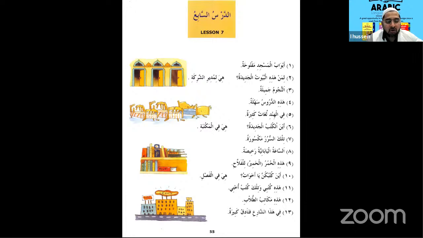Hadhihi is ismul ishara, and ad-durusu becomes the noun which you're pointing towards. In Arabic, we call it musharun ilay, meaning that to whom hadhihi is pointing. As long as there's alif lam with a noun after hadhihi or hadha, it becomes part of the subject.